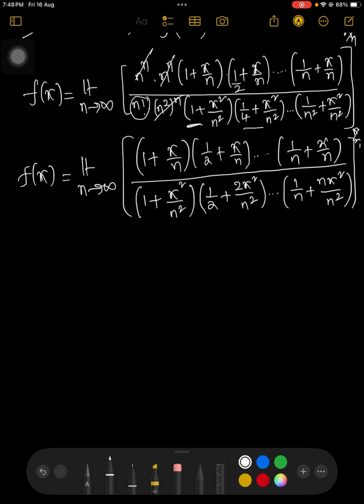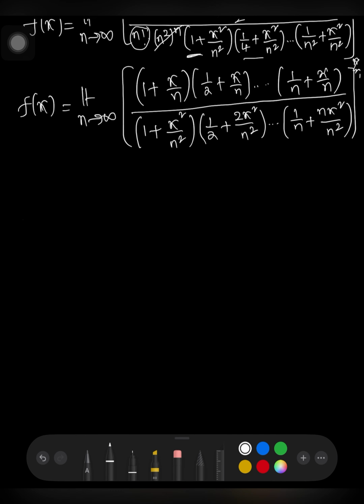Now to bring that exponent to the base, take log on both sides. Then log of f of x equals, the exponent comes to the base, and x has no value which depends on the limit, so limit n tends to infinity 1 by n.